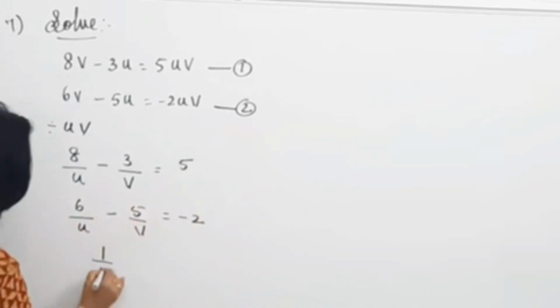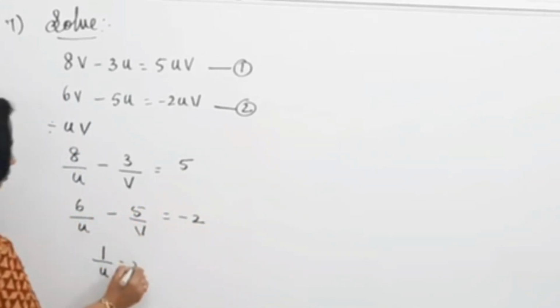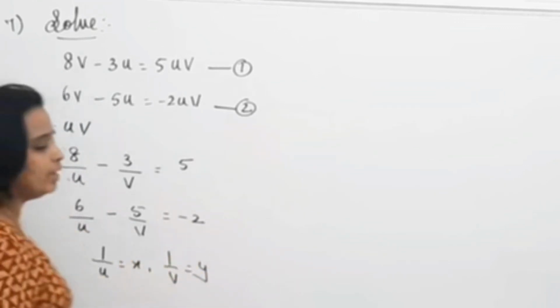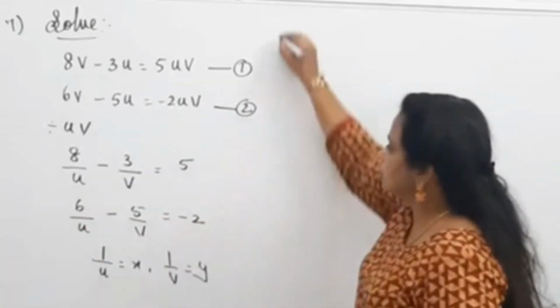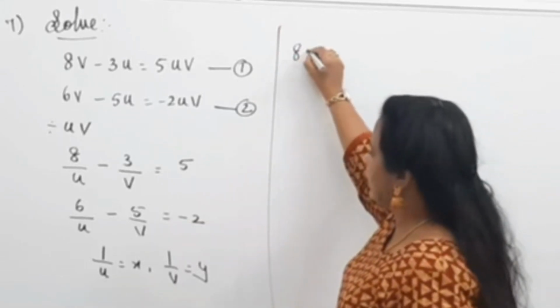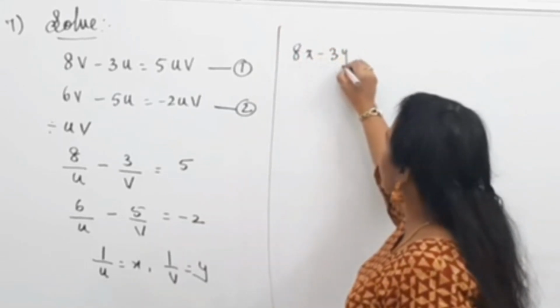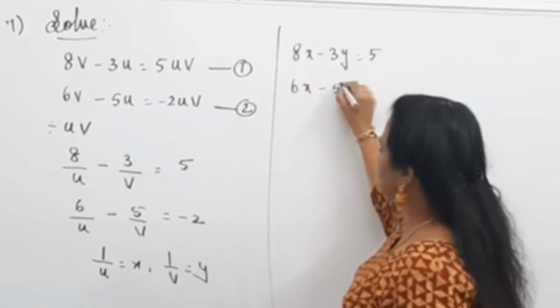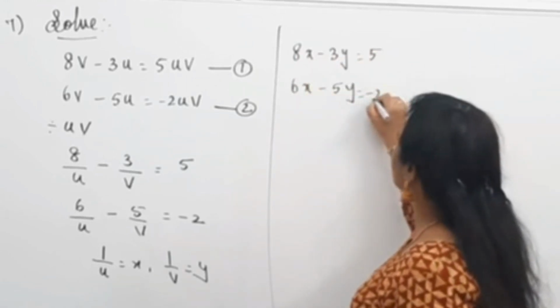Now you will have 1 by u is equal to some x and 1 by v is equal to some y. So let me have my equation such that 8x minus 3y is equal to 5 and 6x minus 5y is equal to minus 2.